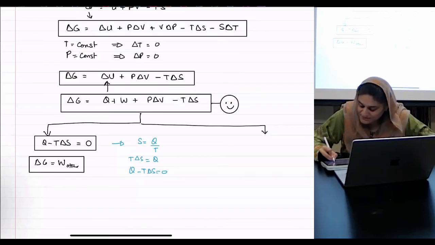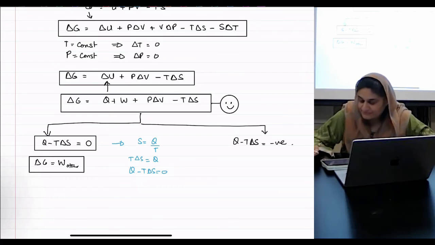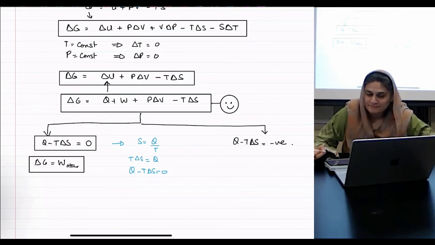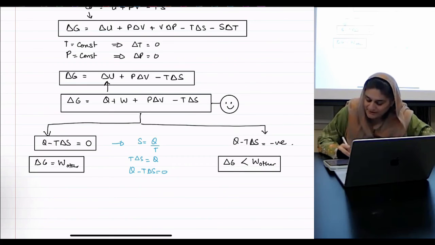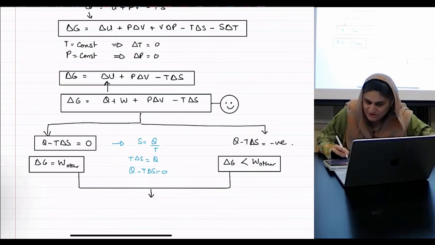And when this term is not 0, but it's rather negative, delta G is less than other work. Therefore, we can combine again these two equations to give us a condition that delta G must always be less than the work done.